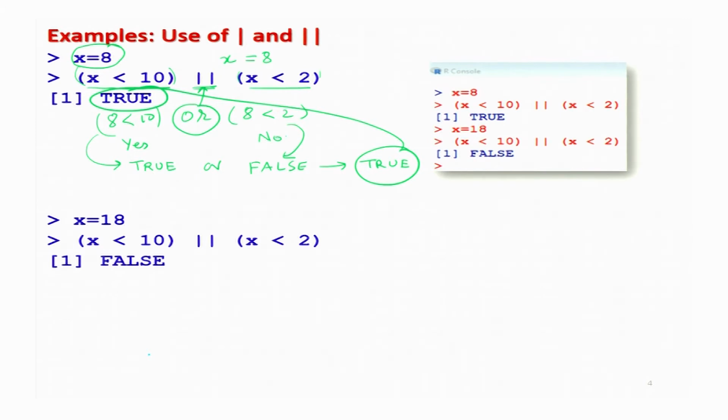Now, I take one more value of x, x equal to 18. I use the same condition, and I want to test whether 18 is smaller than 10 or 18 is smaller than 2. x is the value 18, so I simply write x less than 10, and in place of or I use the logical operator, and then x less than 2.